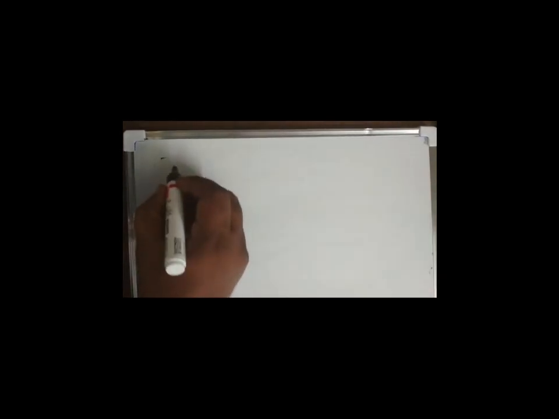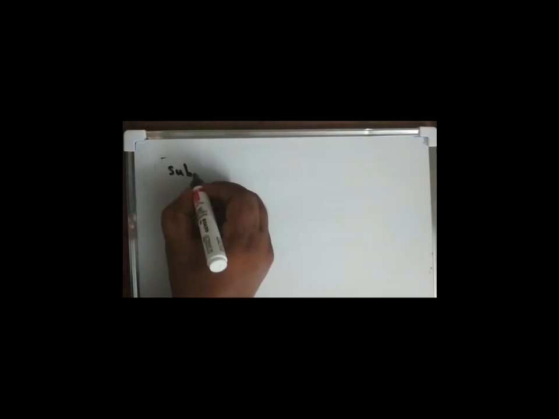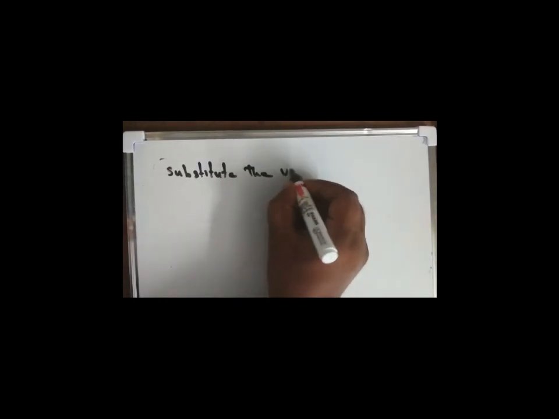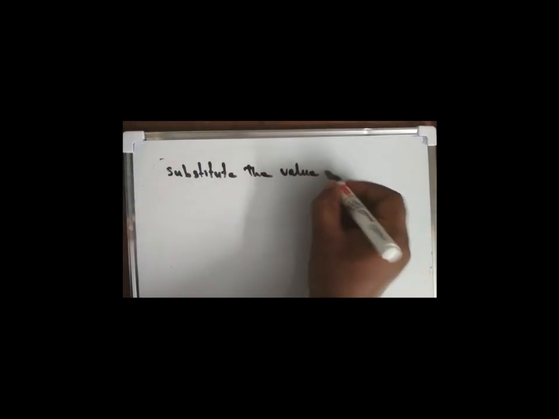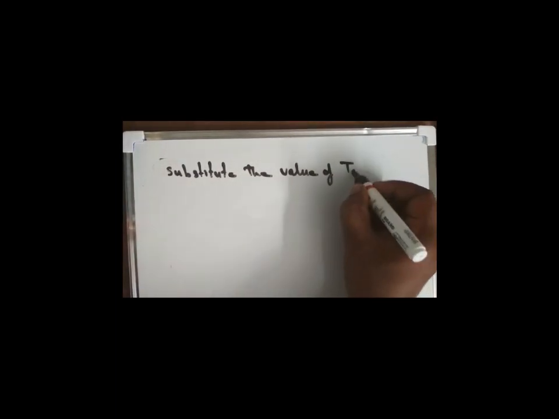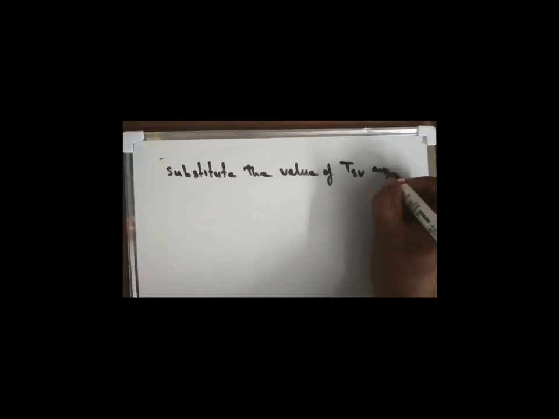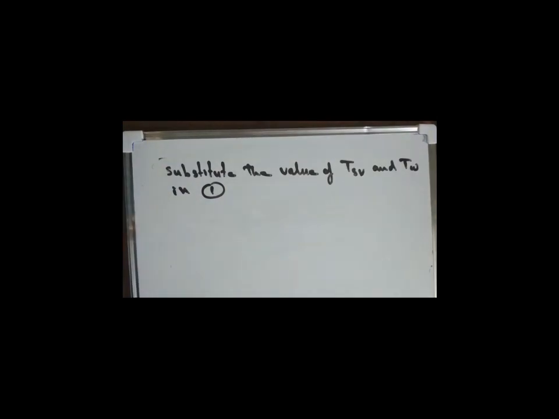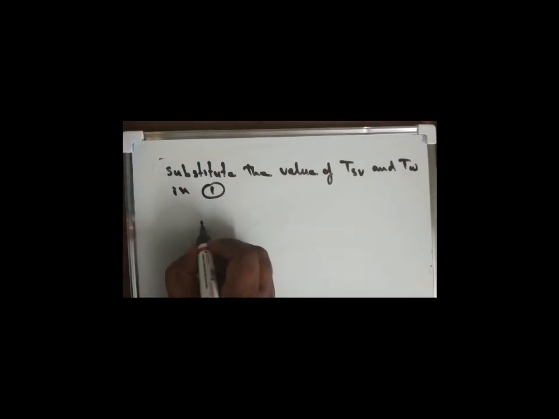Now we have already determined both unknowns, TSV and TW. Now substitute the value of TSV and TW in equation 1, that is T is equal to TSV plus TW.